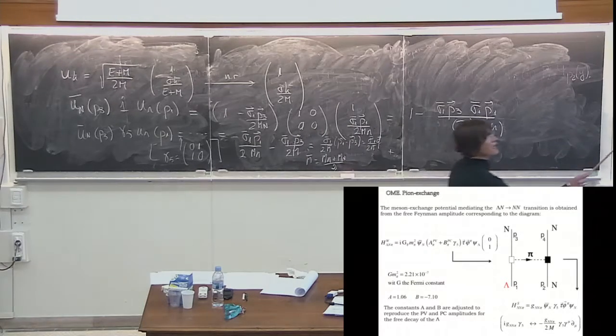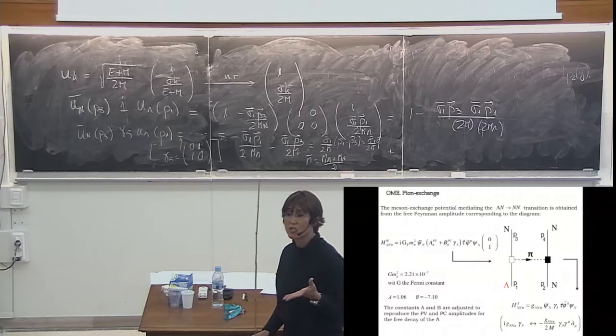The isospin appears here and appears here. The isospin, yeah. Right, this is a down because you don't want to change the charge of the lambda. The lambda has no charge.